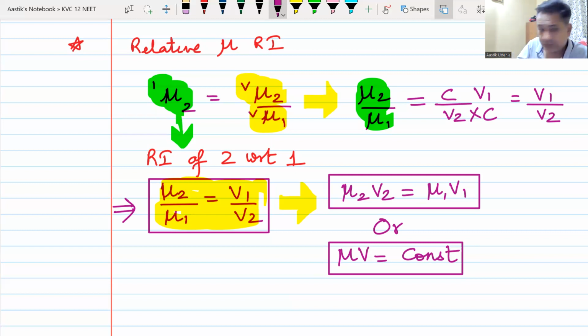Okay? Now we can understand. Mu into V is a constant.